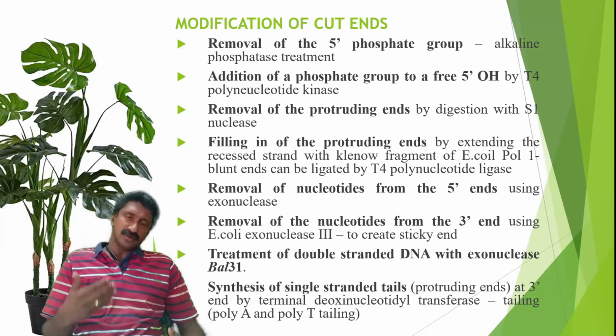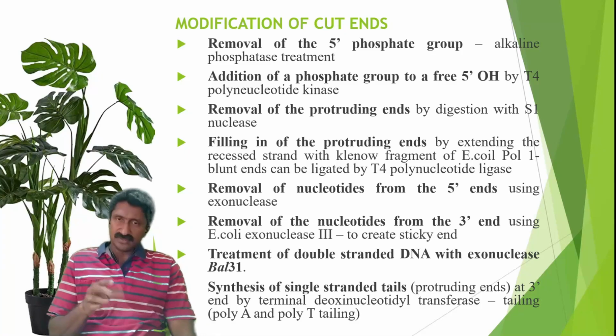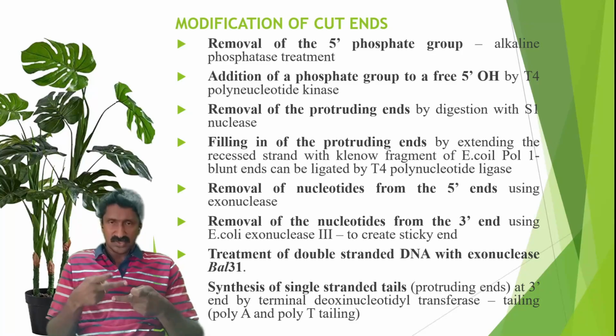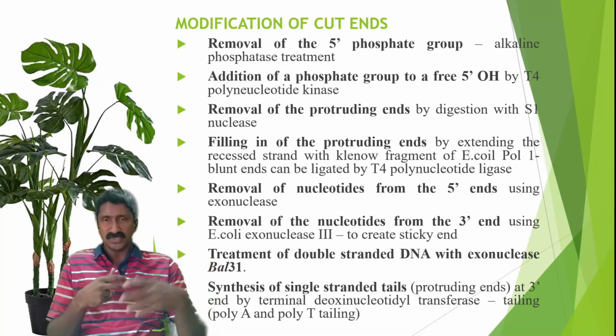But for cloning purpose, sometimes you require to prevent unwanted joining, because your ligation reaction or joining to the concerned DNA fragment is to be regulated at your will. You are not interested in a random joining with any random piece of DNA instead of your DNA fragment.